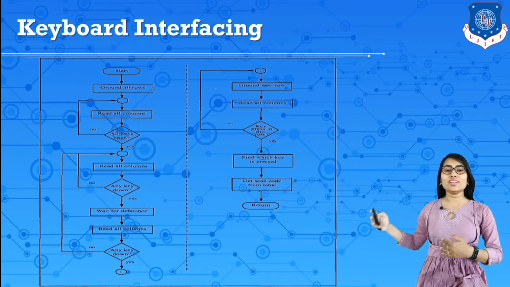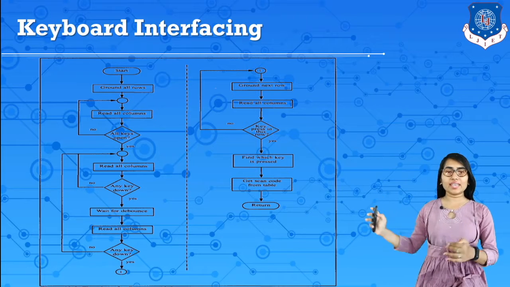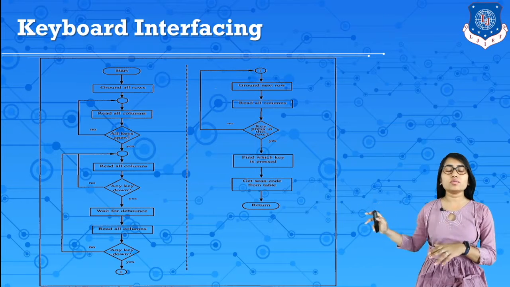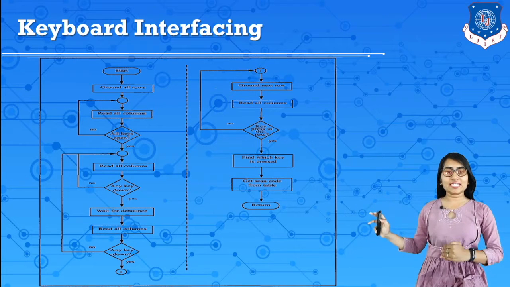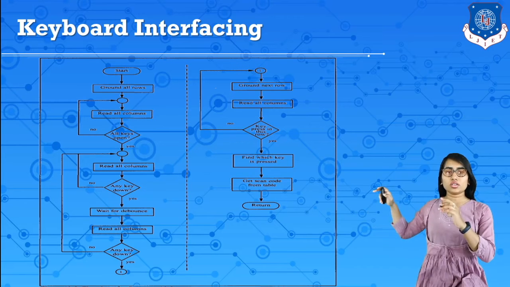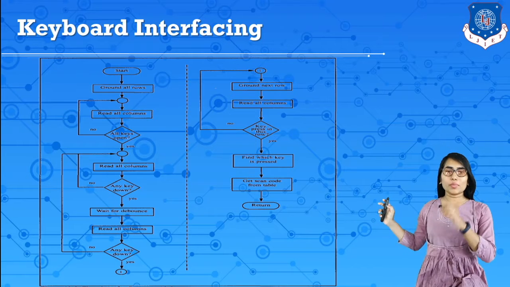Then it reads all columns and checks whether any key is down. If no key is down, it again reads all the columns, and if any key is down, it waits for debounce. That means it waits to check the values for which character is placed, and then debounces again.